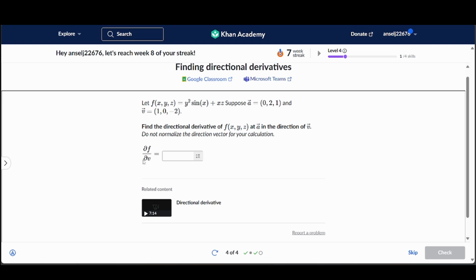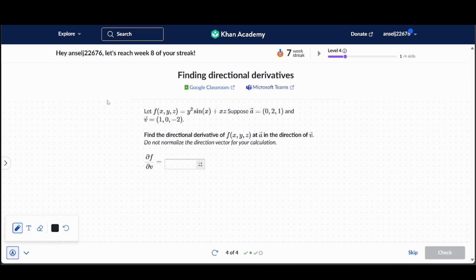Okay, so for x, it's y squared cosine of x plus z. Right. Yes. And then for this one, it's sine of x times 2y. Oh, I should probably be writing it here so you guys can see my thinking.